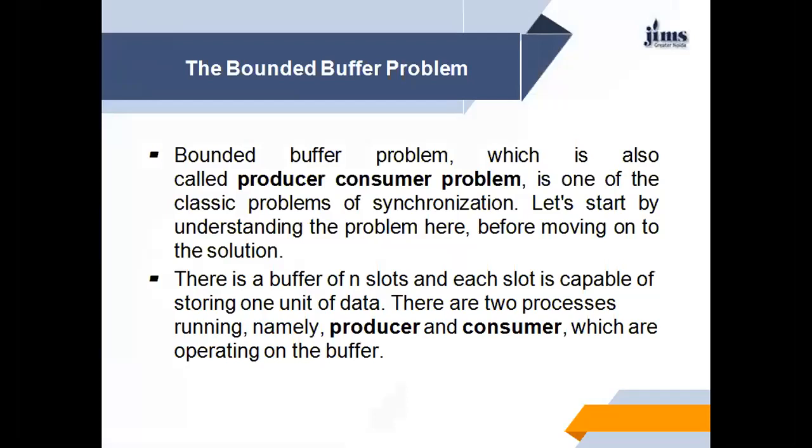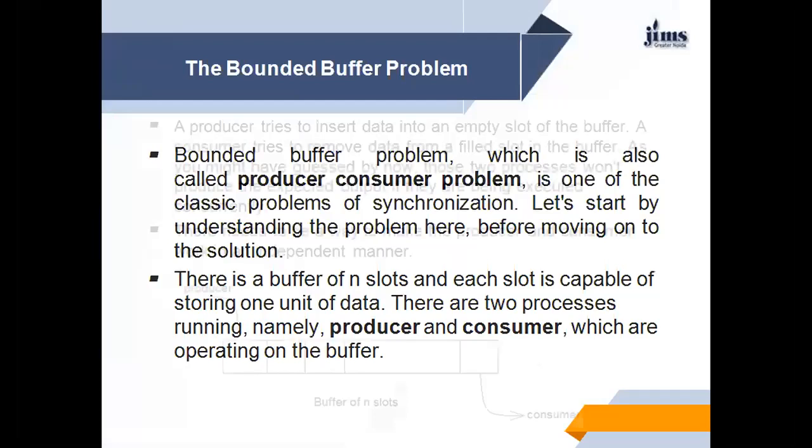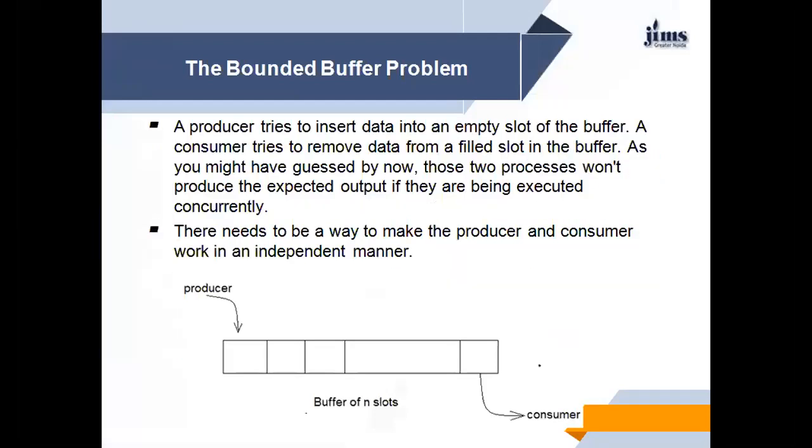One is called the producer process, which is producing something, and the consumer process which is consuming something, both operating on the buffer. You can see in this figure there are n slots in the buffer. This is the producer process which is producing things, and the consumer process which is consuming them.